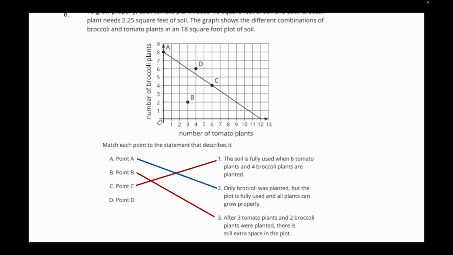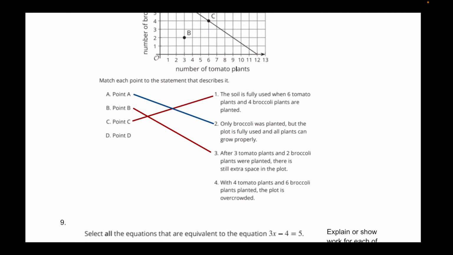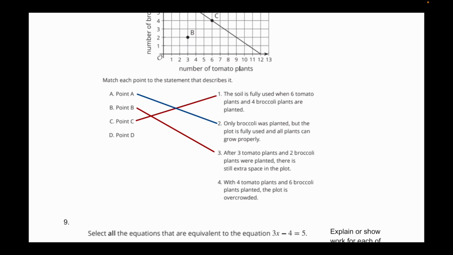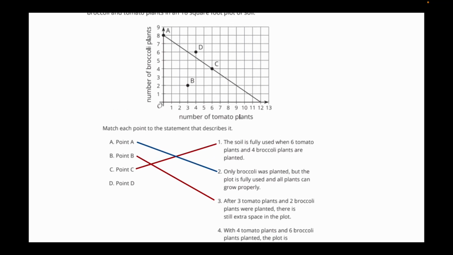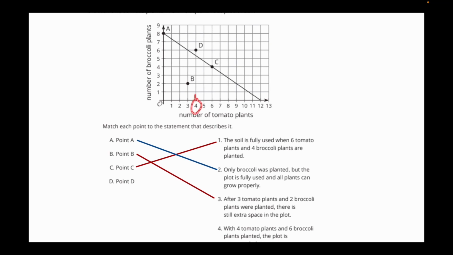And then the very last one, we're still going to make sure that it works, but it should match up with 4 tomato plants and 6 broccoli plants. The plot is overcrowded. So overcrowded means they used too much space. And yeah, I see 4 tomato plants here and 6 broccoli plants here. And it does land over the limit.